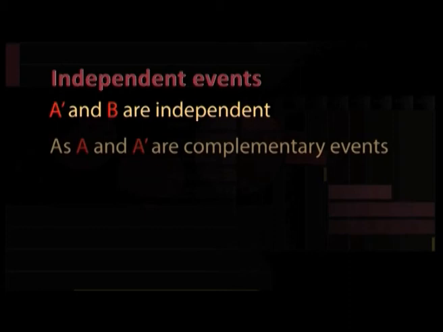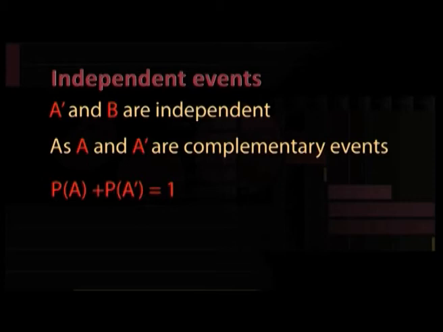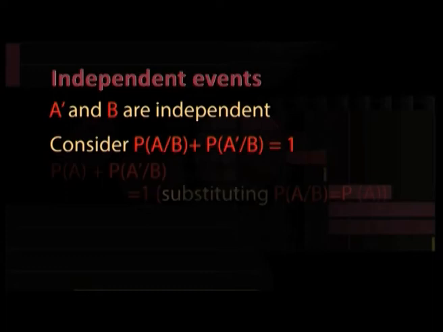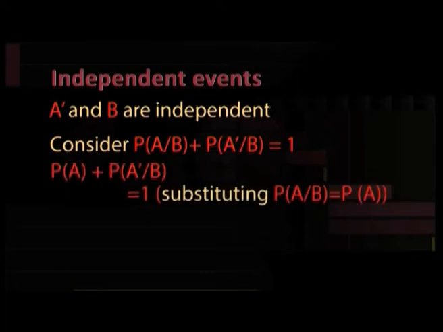Second condition, as A and A complement are complementary events, probability of A plus probability of A complement is equal to 1. Consider probability of A given B plus probability of A complement given B is equal to 1. Probability of A plus probability of A complement given B is equal to 1.